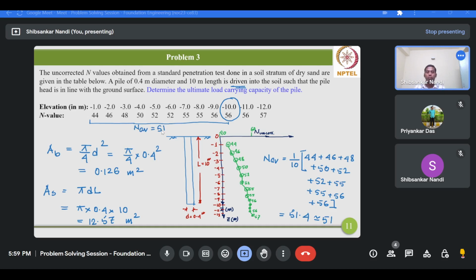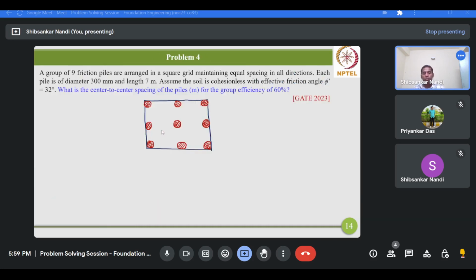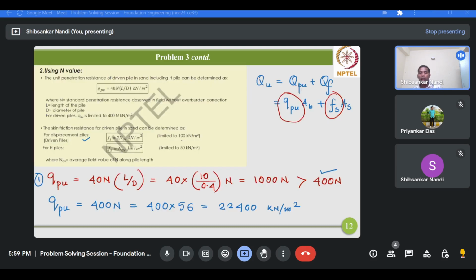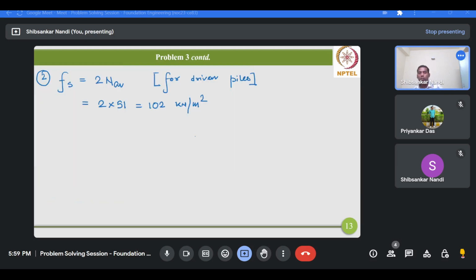Now coming to this Fs part, it will be 2 times 51, which is 102 kilonewton per meter square. Now what is the limiting value? The limiting value is 100 kilonewton per meter square. Obviously this value is greater, so you have to limit the Fs to 100 kilonewton per meter square.